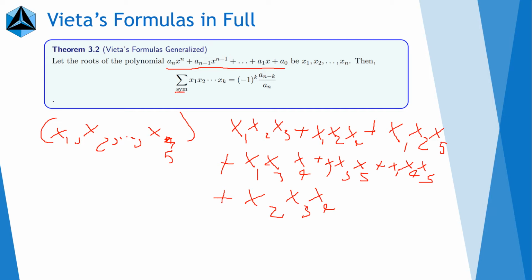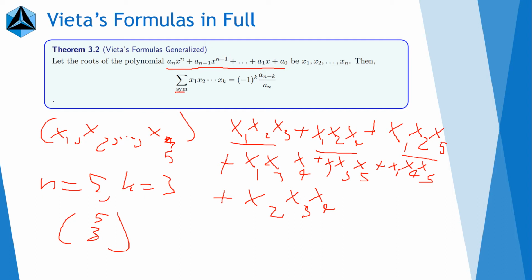So basically, when n is equal to 5 and k is equal to 3, we go through all 5 choose 3 possibilities for these terms, and we just loop through them and then sum them all together. So 1 2 3, 1 2 4, 1 2 5, 1 3 4, 1 3 5, 1 4 5, 2 3 4.